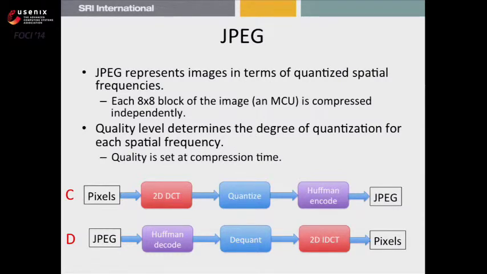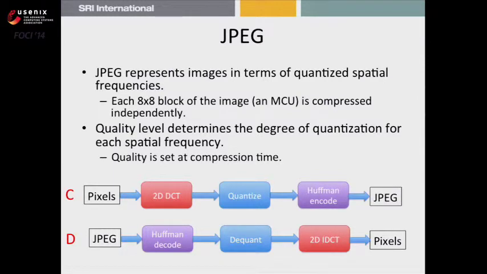It is transformed by a discrete cosine transformation, which turns that 64 dimensional vector into another 64 dimensional vector in the frequency domain. Then the highest frequencies are quantized, and that depends on the quality level that you set. By adjusting the quality level, you can chop off more and more higher frequencies in the image, and that's where the loss is induced in the compression. And then a Huffman coding finally allows you to emit a JPEG packet or file.